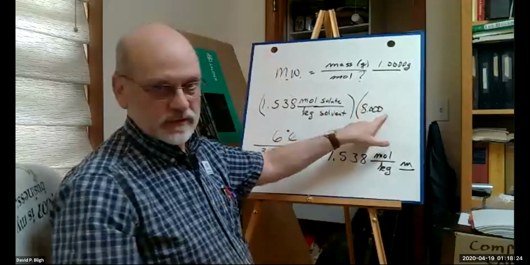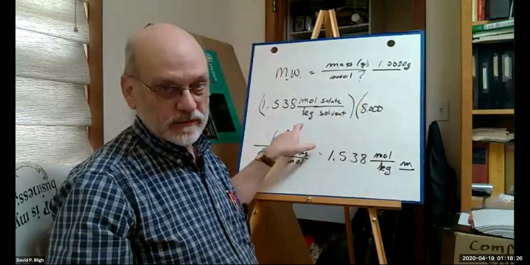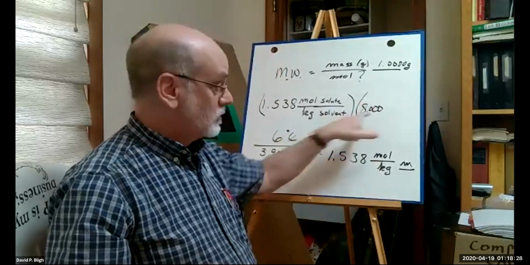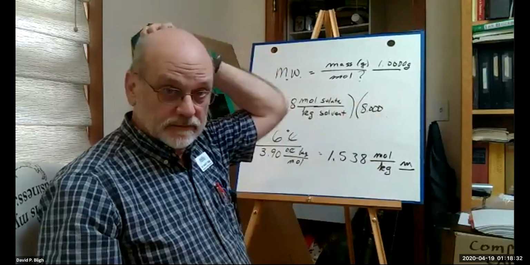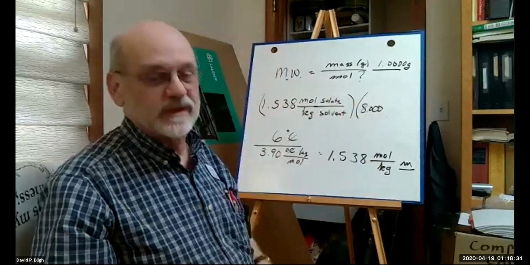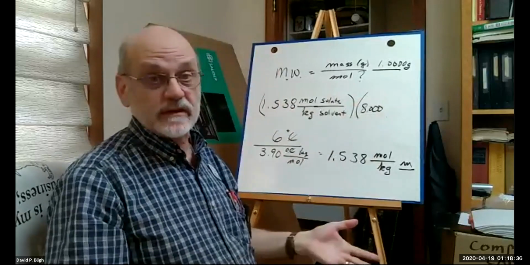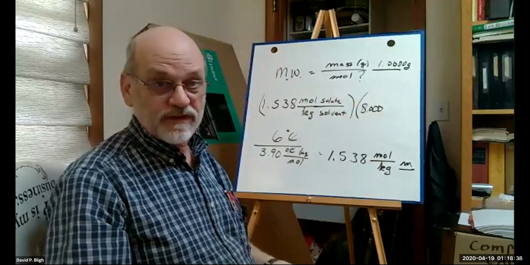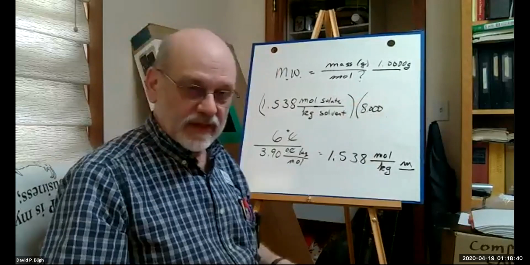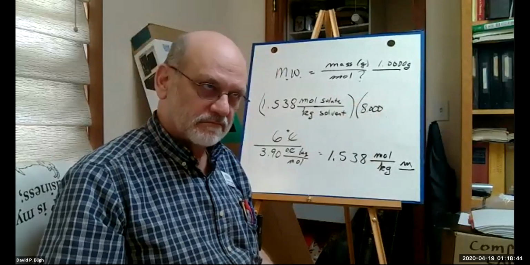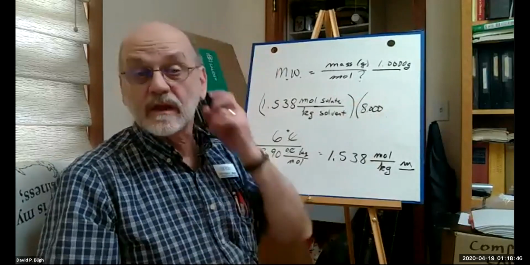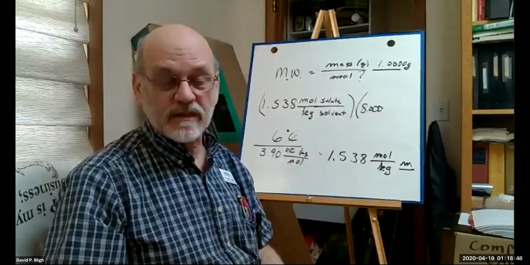But that's grams, and this is kilograms, right? So we better change that to kilograms, because they won't cancel otherwise. So how do you change grams into kilograms? The easiest way is to use the factor. How many kilograms are in a gram? Let's turn it around. How many grams are in a kilogram? 1,000, 10 to the third.